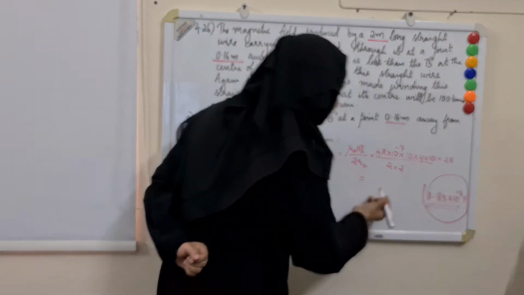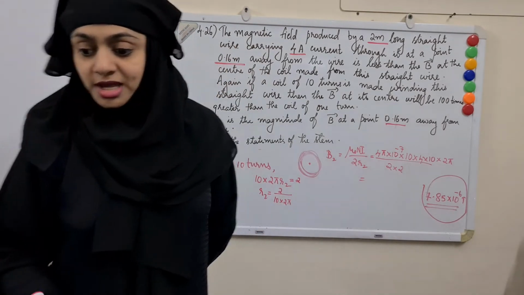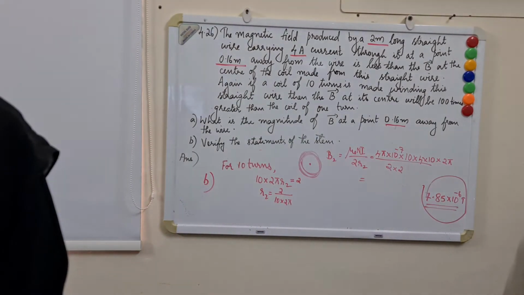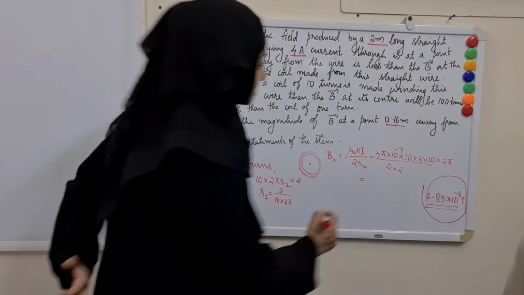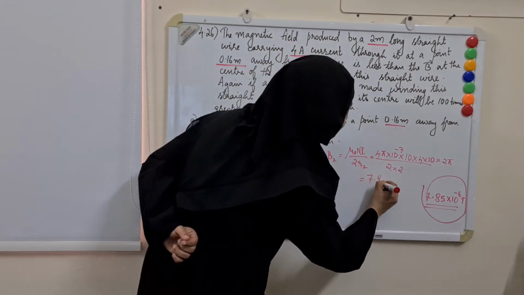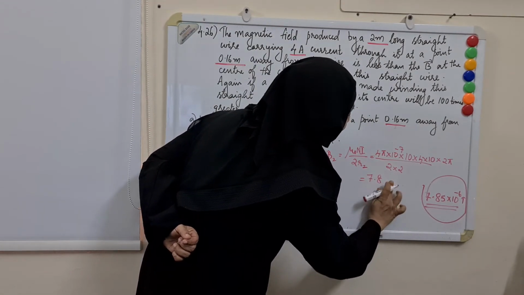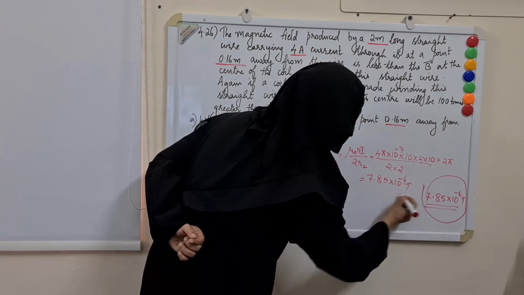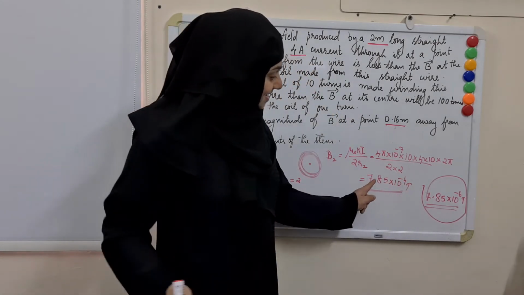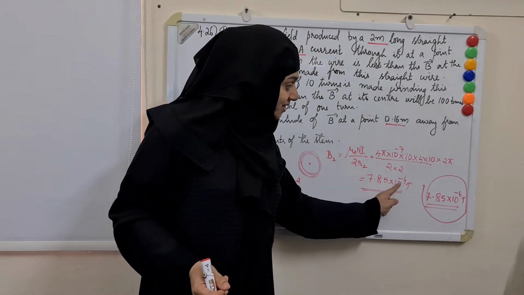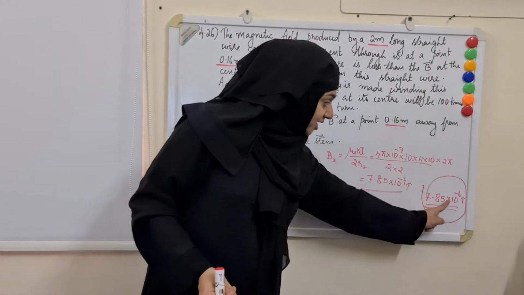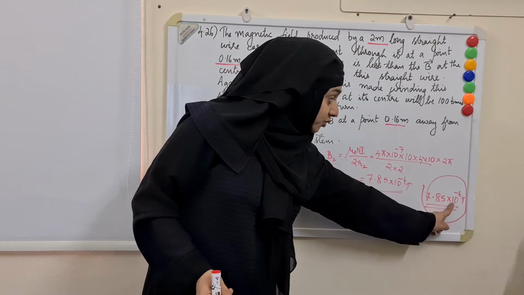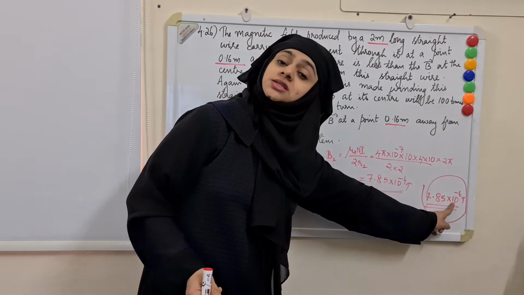So what is the value? We'll get the value as 7.85 into 10 raised to minus 4 Tesla. See, 7.85 into 10 raised to minus 4. Here, for one turn, it was 10 raised to minus 6 Tesla.